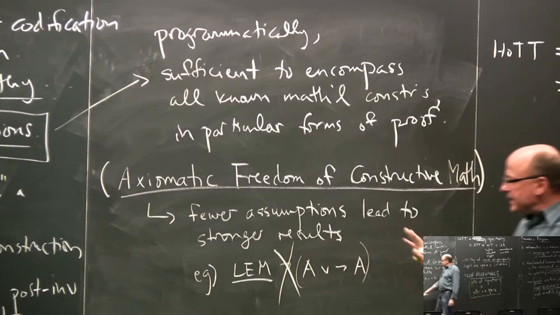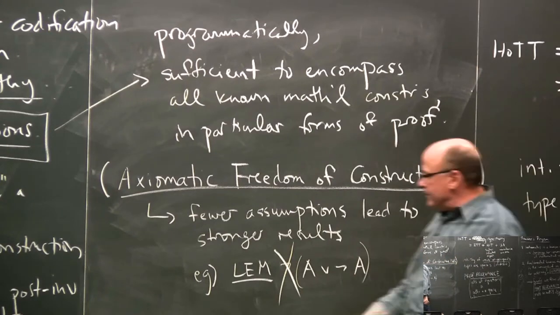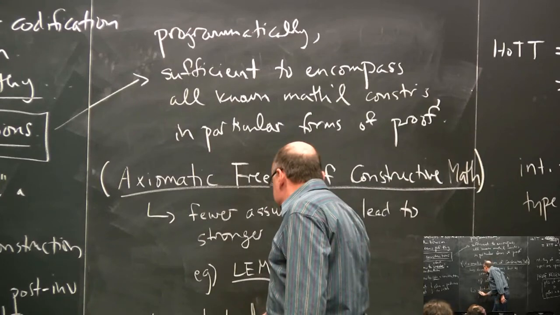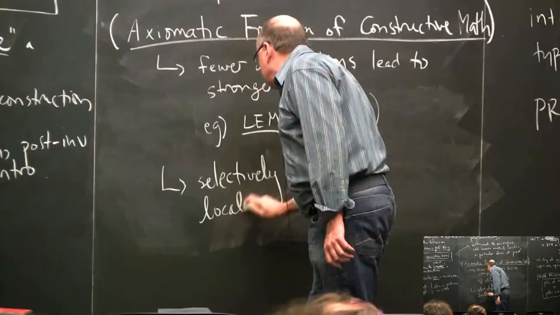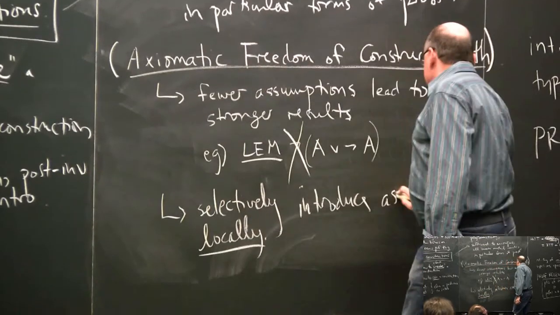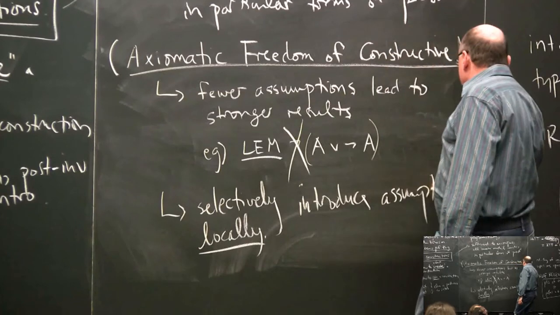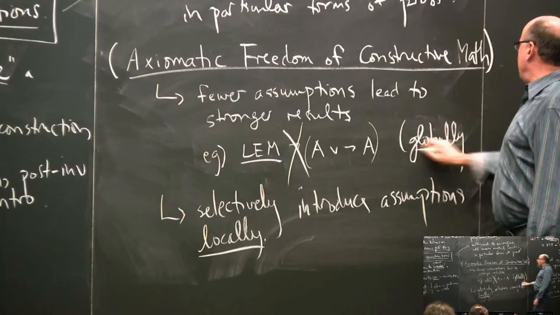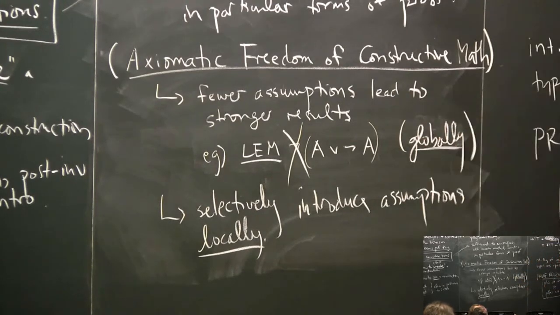And in particular, another consequence here is that we can selectively, what's really important is to be able to selectively, or what I might call locally, introduce handy assumptions. If you globally introduce the law of the excluded middle, just always, then HoTT ceases to exist.